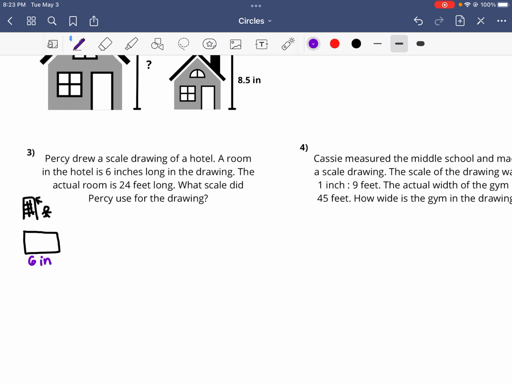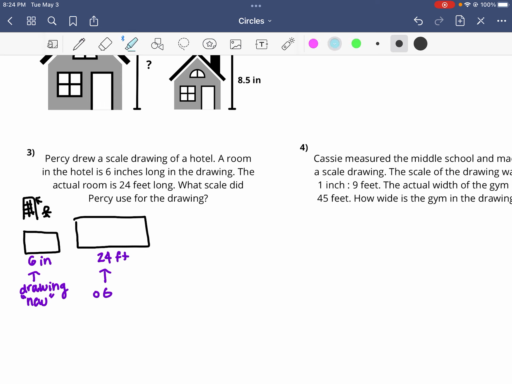So this is the drawing, or in other words, it's the new one, right? But the actual size of the room, I'm sorry, is 24 feet long. So this is the original. What is the scale? They're asking us for the scale.